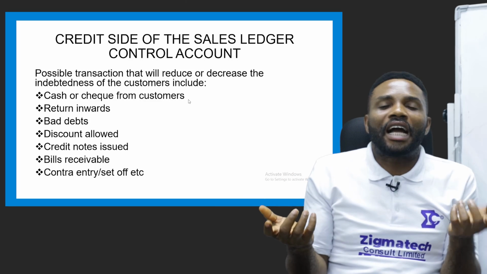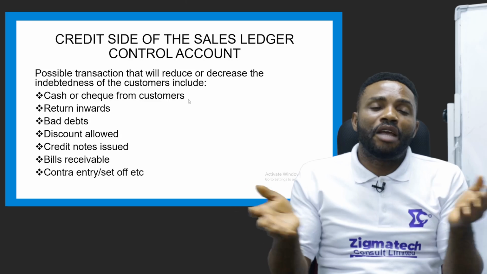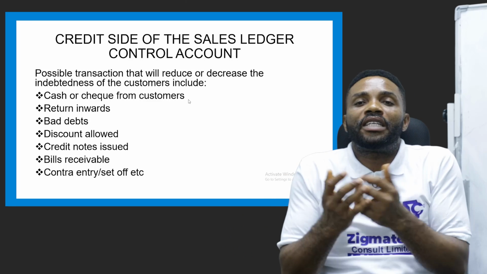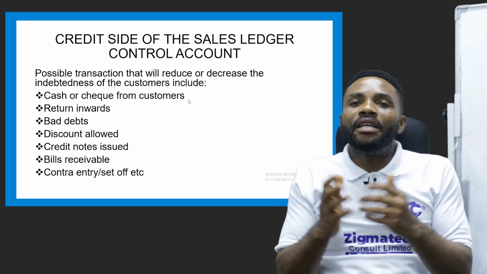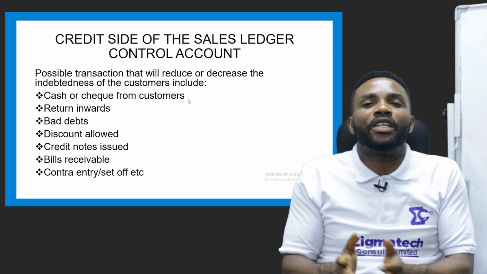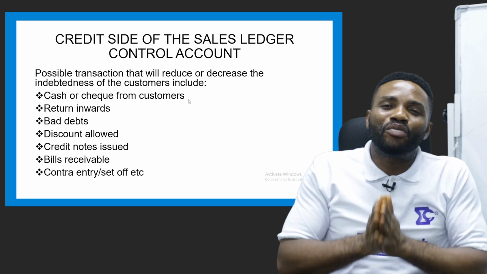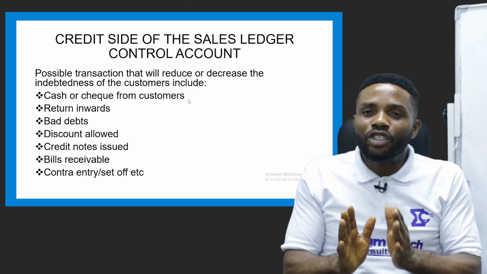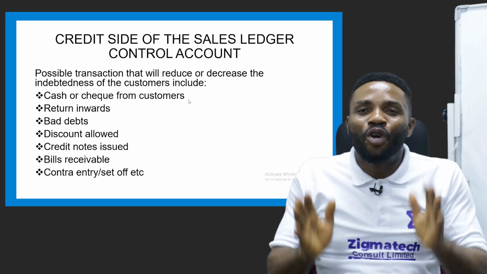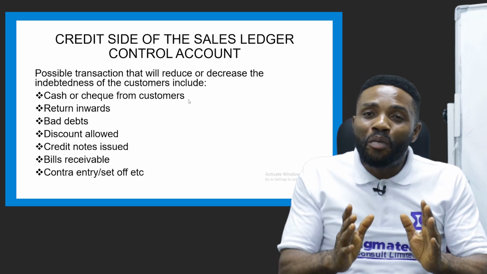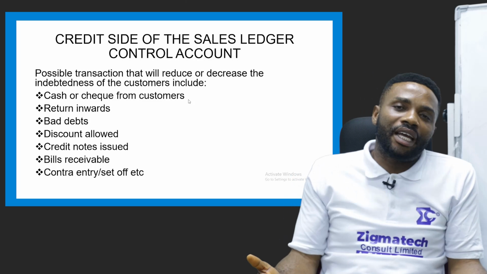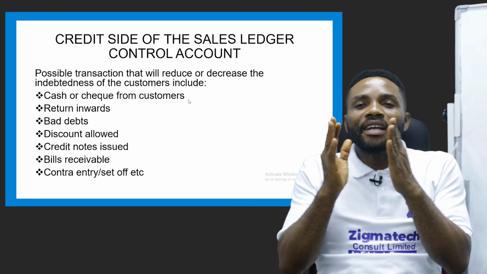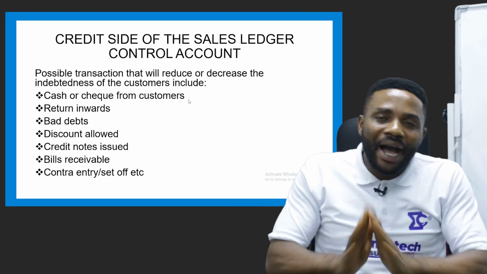Some customers can decide to die. They will buy on credit, and before the time of payment, they die. And there may not be anybody to hold responsible for the item. That automatically becomes a bad debt. Or some customers can go mad, go insane. When the customer is mad, you cannot hold the customer responsible again. At that point, whatever the customer is owing you becomes a bad debt.